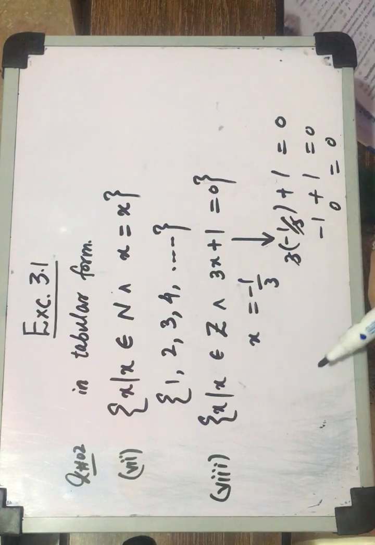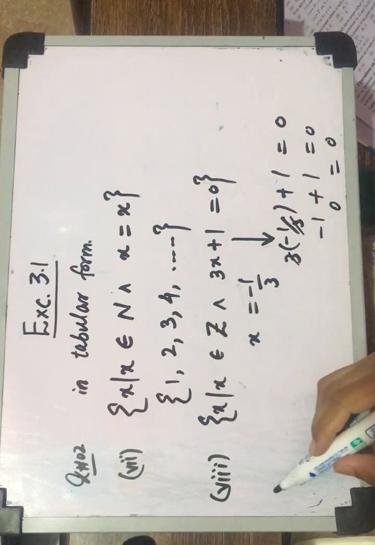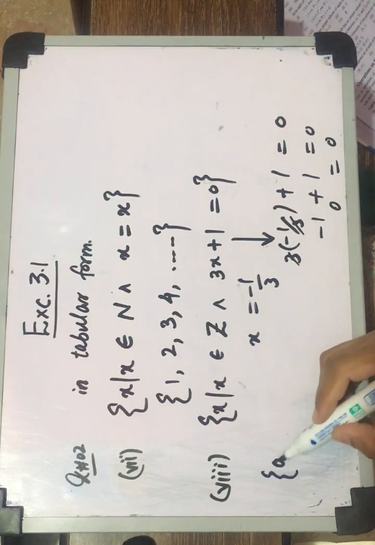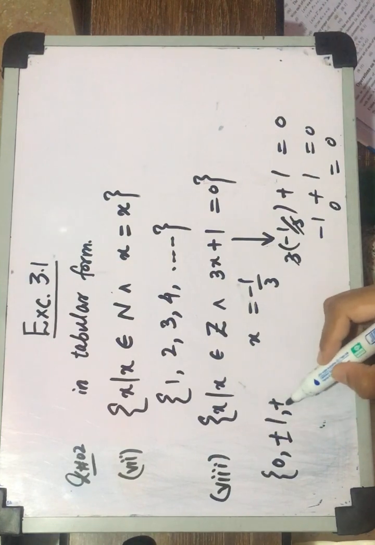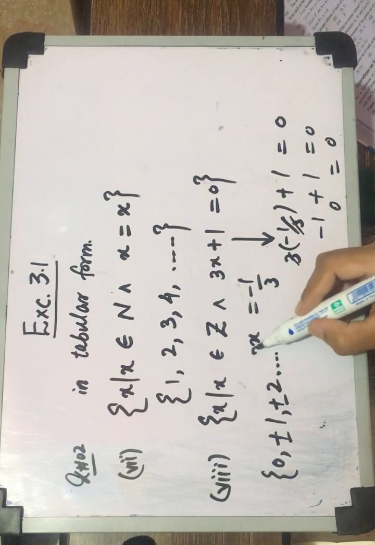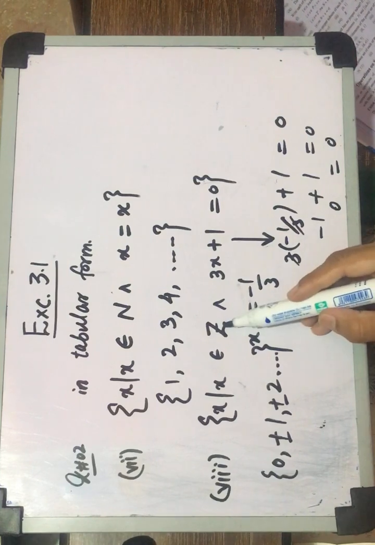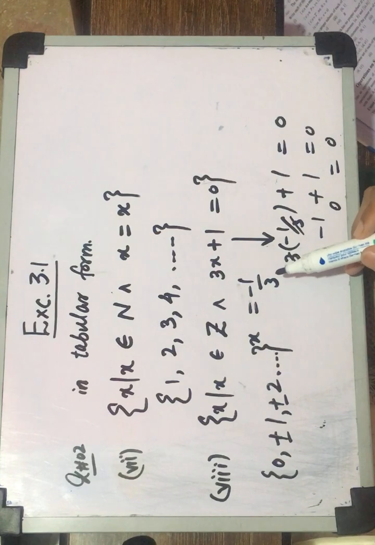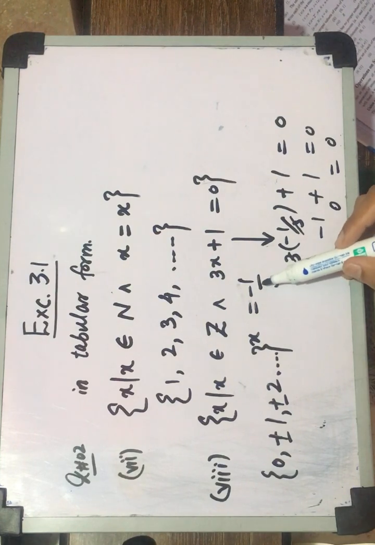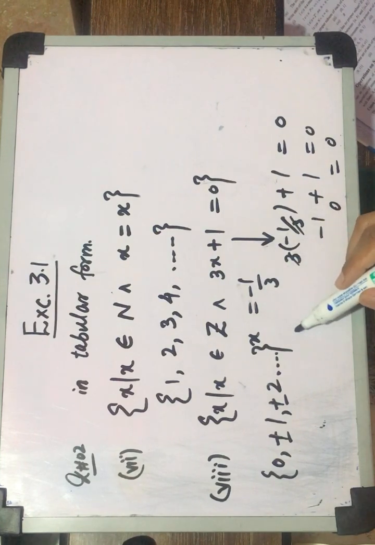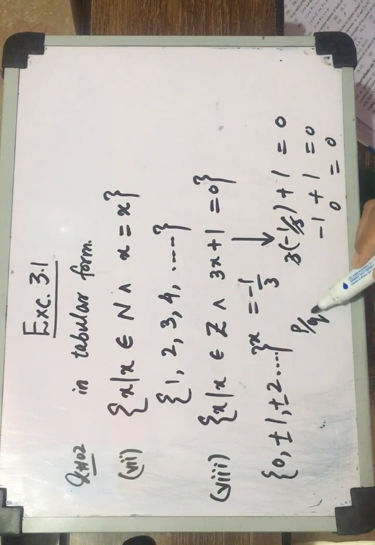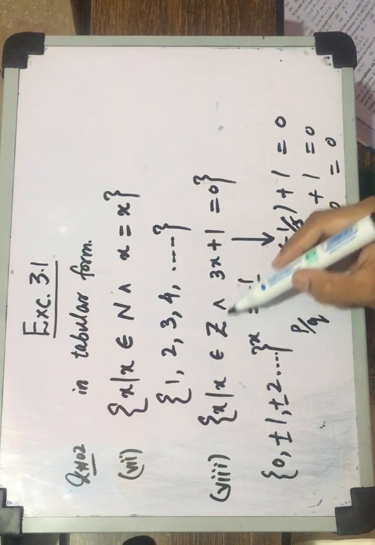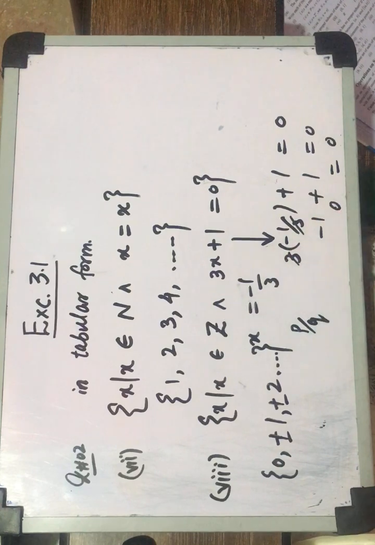integers are which type of numbers? They are numbers like 0, plus minus 1, plus minus 2 and so on. Z does not contain any fractions; any number which is written in p by q form does not belong to Z. So minus 1 by 3 does not belong to integers.